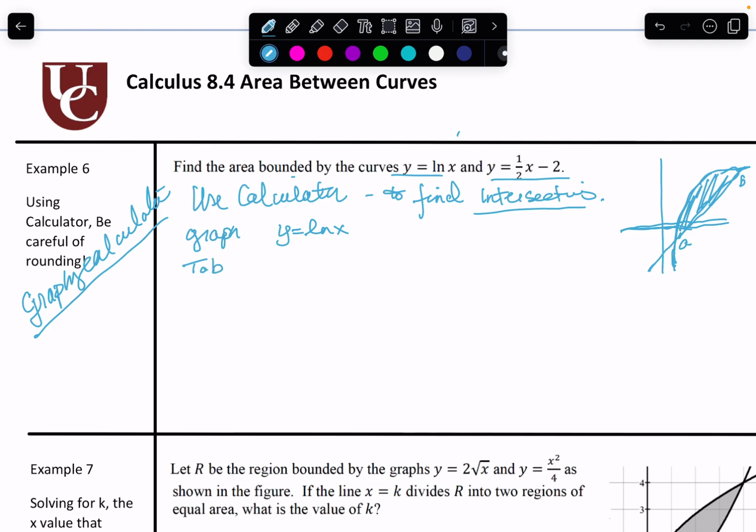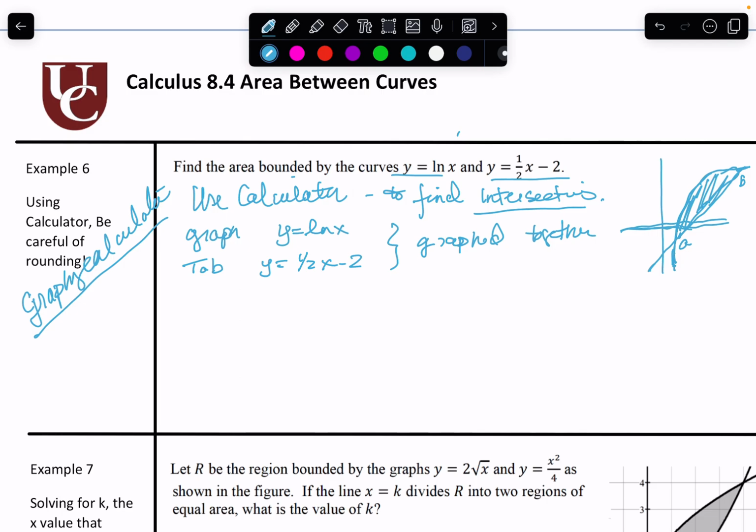Oh, is it tab? Hold on, I'm grabbing my calculator. Yeah, tab. And it lets you put another function in. So you have y equals 1/2 x minus 2. So those would be graphed together.